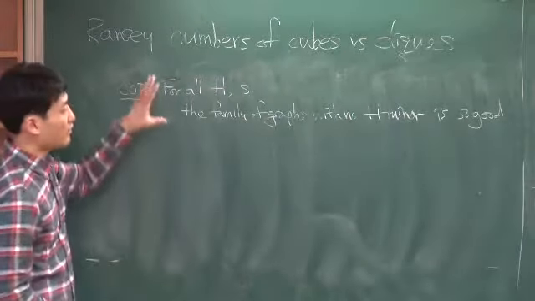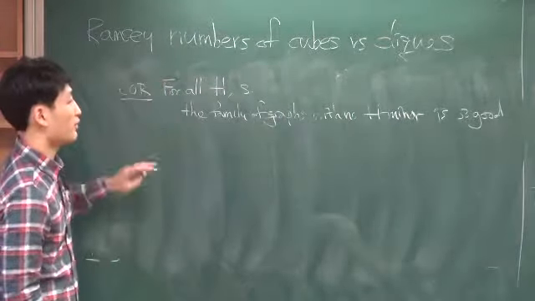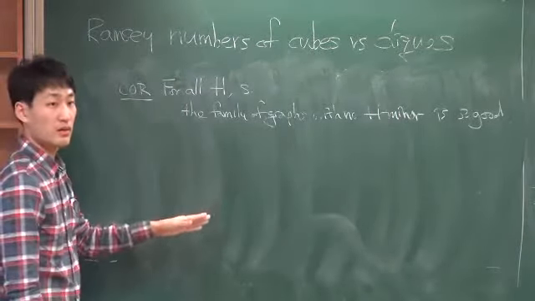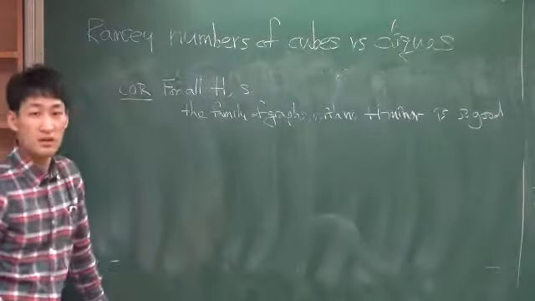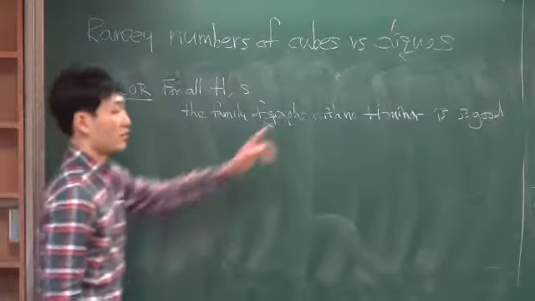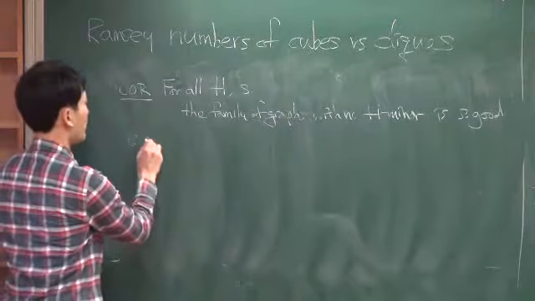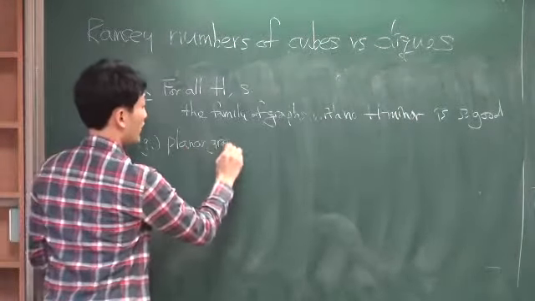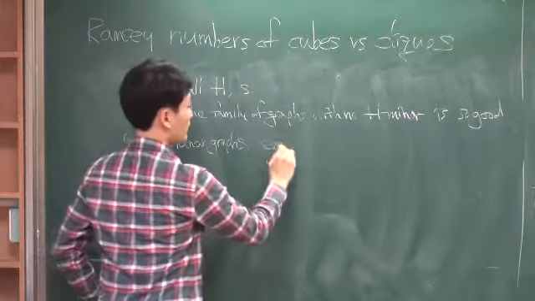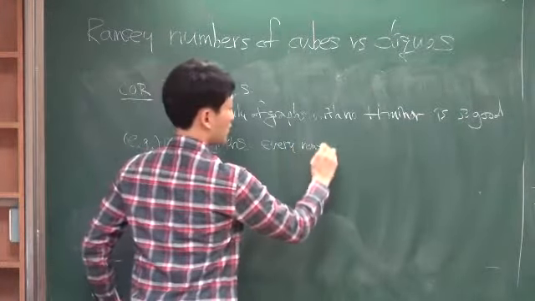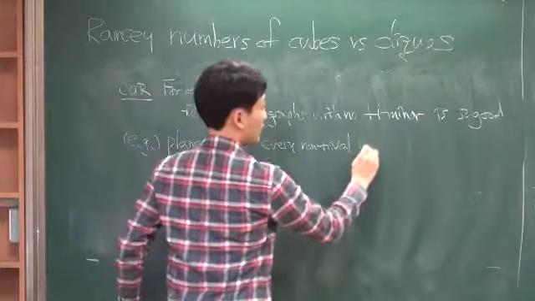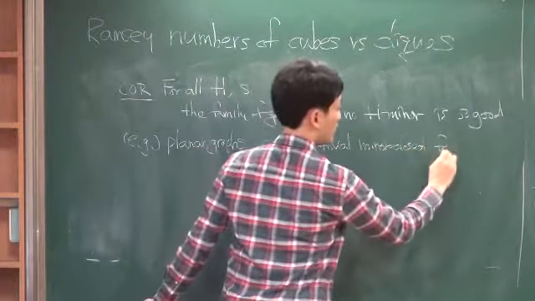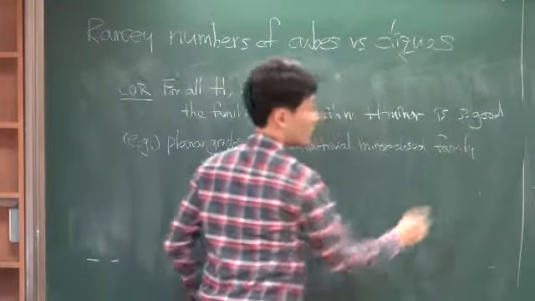And this is slightly easier to apply. For example, planar graphs being S good just follows now, because Kuratowski's theorem really is about the minor. We can apply this to say that planar graphs are S good, and in fact every non-trivial minor closed family is S good.